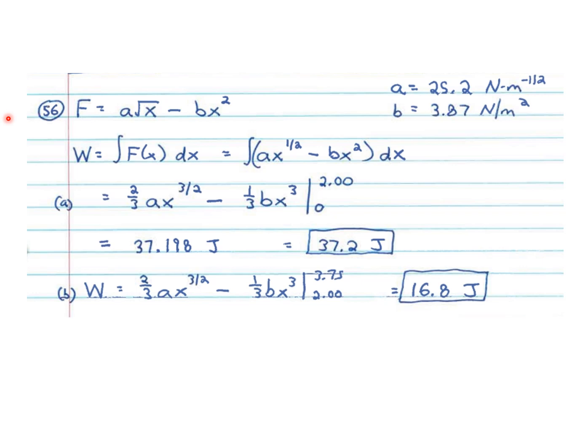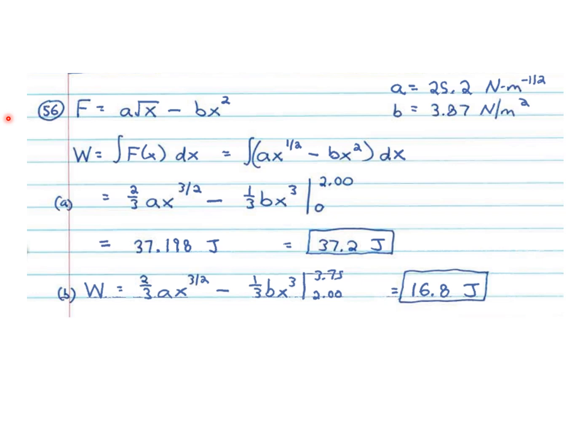All right, it's just like the previous problem, just a force that we have to think about how to do this integration. I recommend when doing an integration, if you see a square root sign, turn it into an exponent, just because that's the format that we usually do integration.